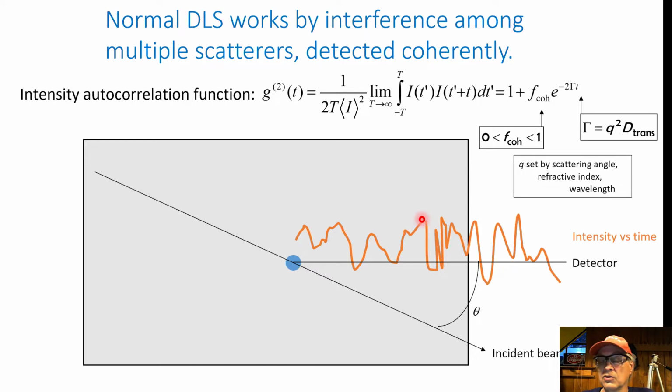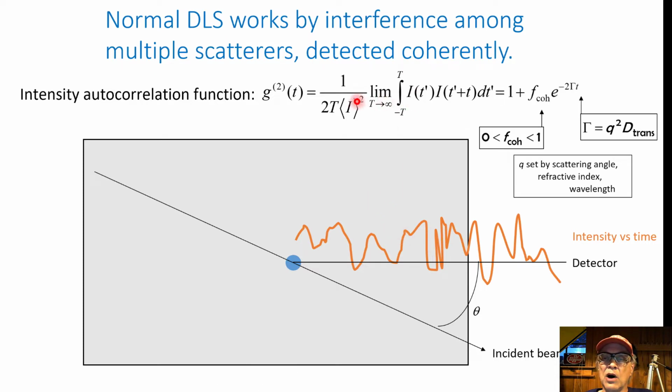So nothing is completely random. A completely random variable would go from plus 10,000 to minus 10,000 in femtoseconds. So it doesn't do that. It stays correlated with itself for a while.